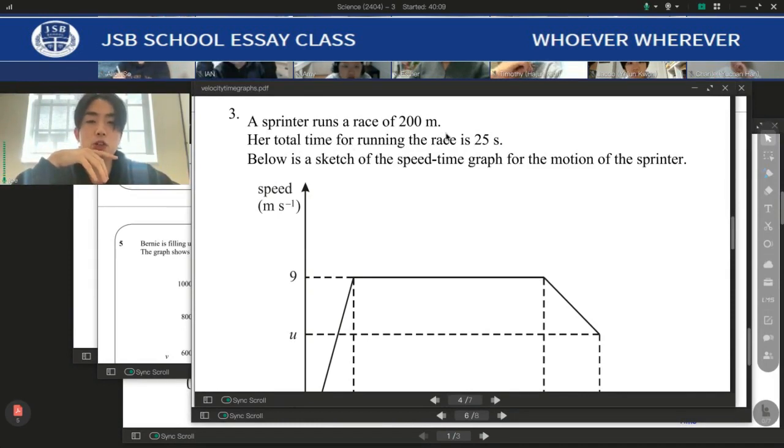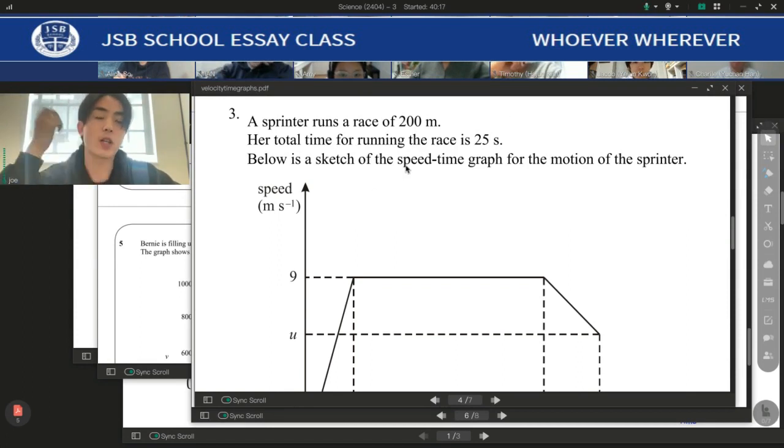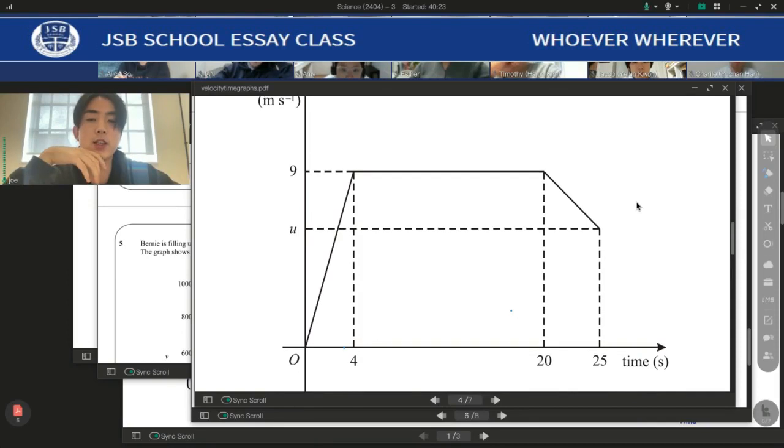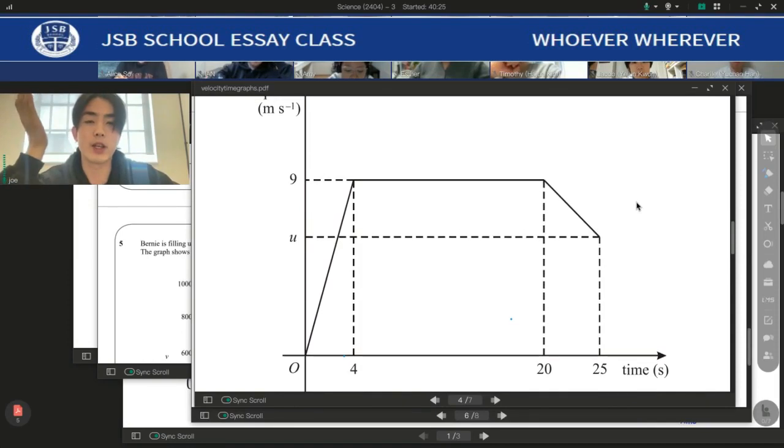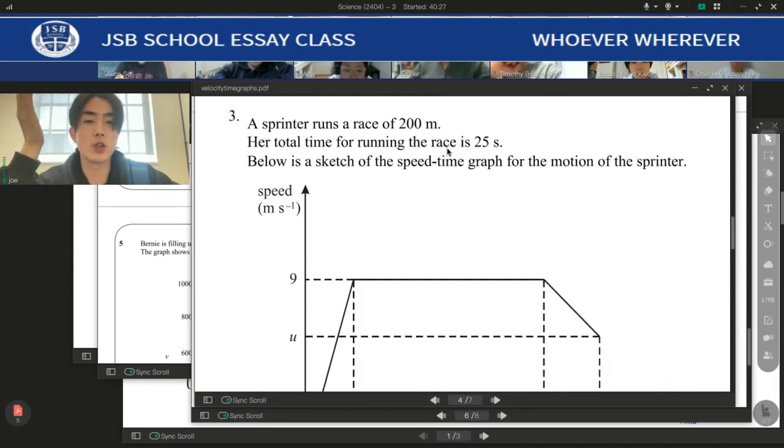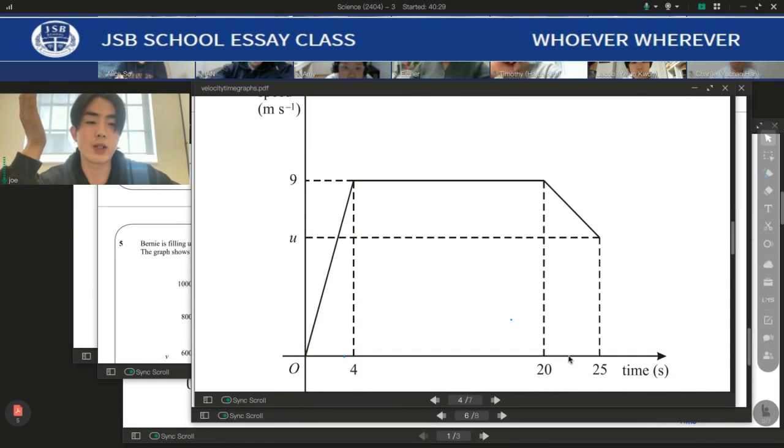A sprinter runs a race of 200 meters. Her total time for running the race is 25 seconds. Below is a sketch of, they call it speed, but speak of velocity, okay? So here is a sketch of a speed time graph with the motion of the sprinter. So she runs 200 meters in 25 seconds, okay? That's why it's 25 seconds like this.